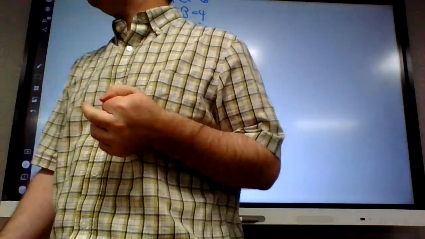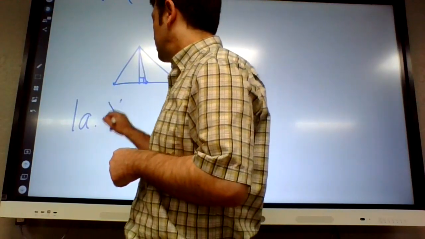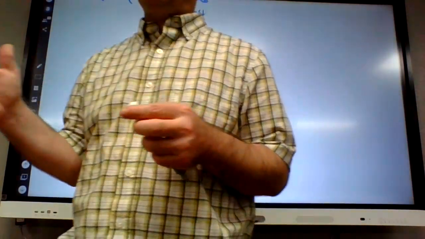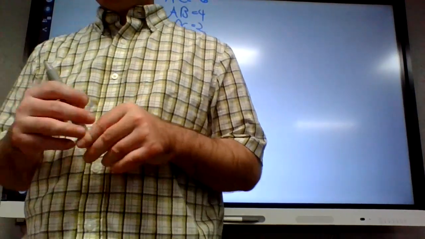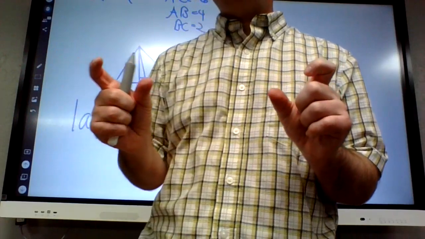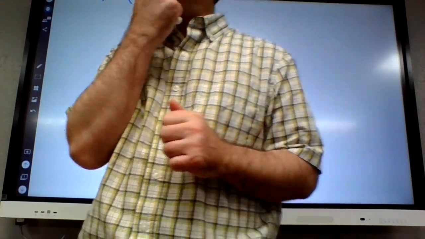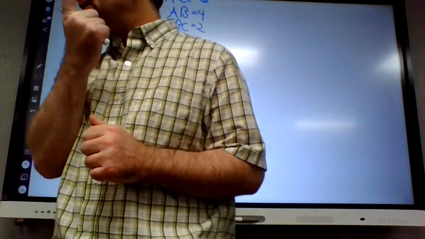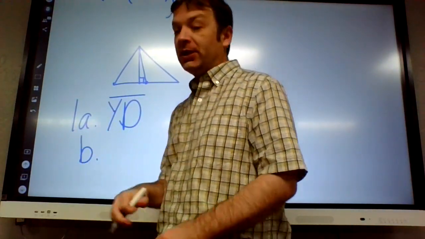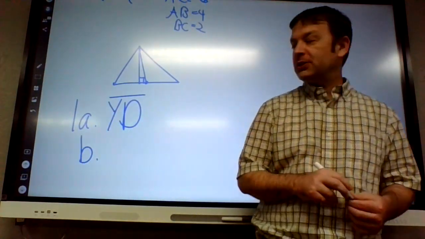How can you tell it's YD? Because it's got the two congruent angles. If you look at angle XYZ, it's got two arc symbols showing that those two little angles are equal, which means YD is bisecting that angle. So the angle bisector is YD.